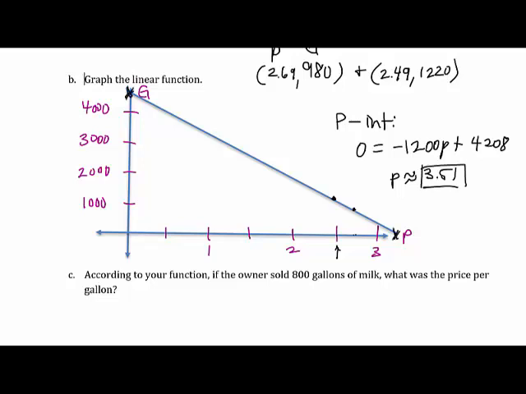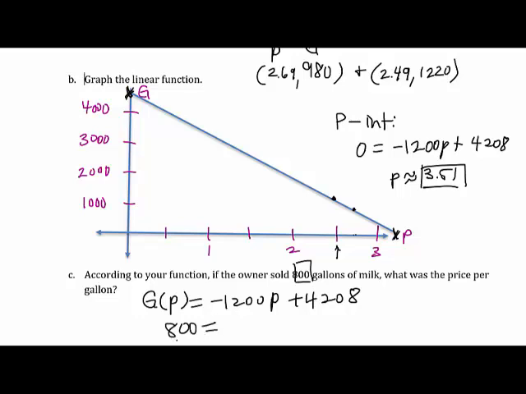Lastly, according to the function, if the owner sold 800 gallons of milk, what was the price per gallon? g of p, again, is negative 1,200p plus 4,208. We're given how many gallons of milk was sold, which was 800.